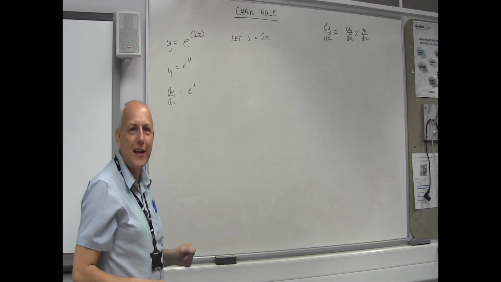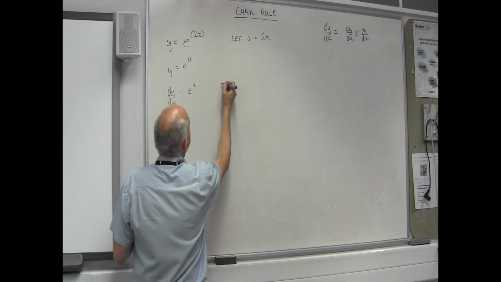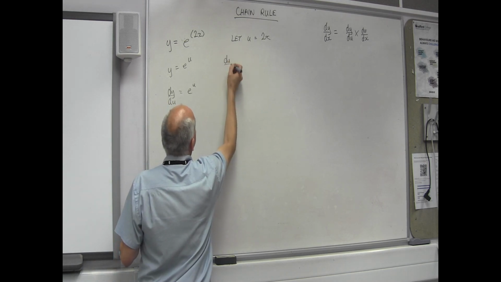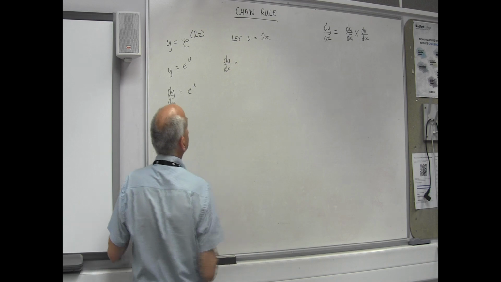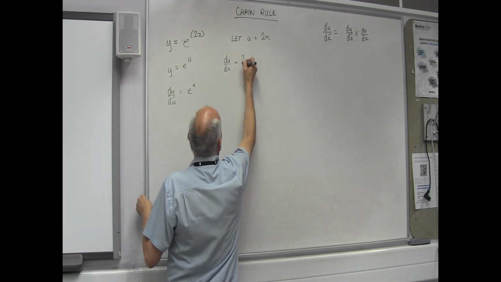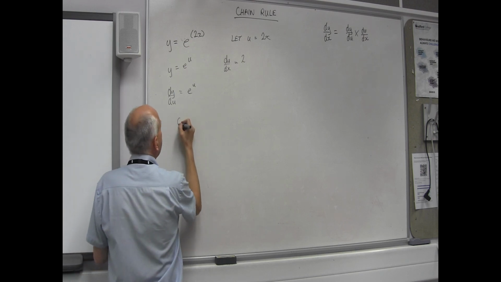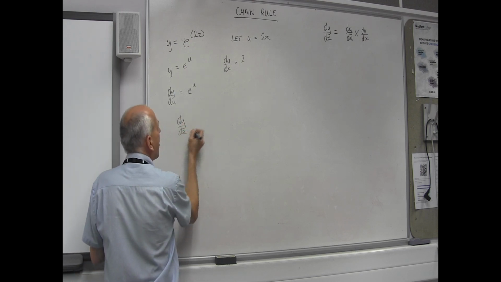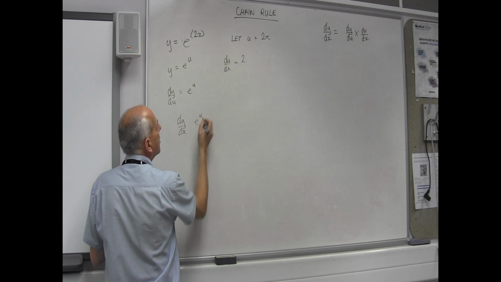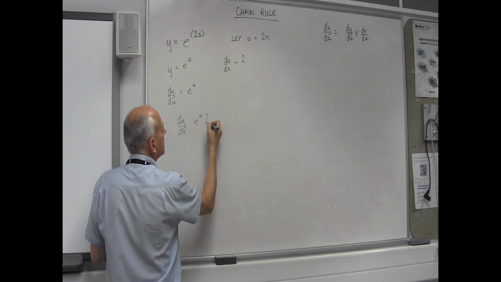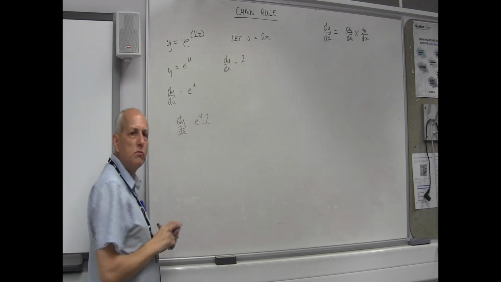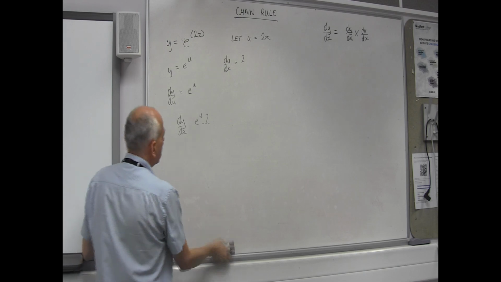Do you agree with anything you tell him? Derivative of du dx equals 2x, so 2. Alright. Bring them back together as per the formula. e to the u times 2. Wouldn't it be 2 e to the u?